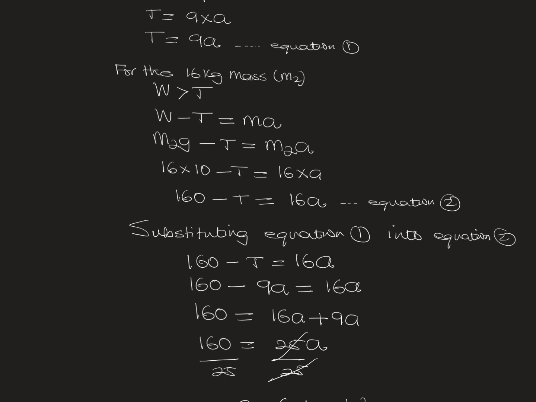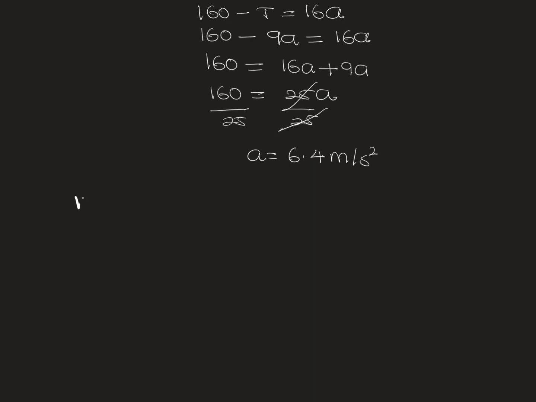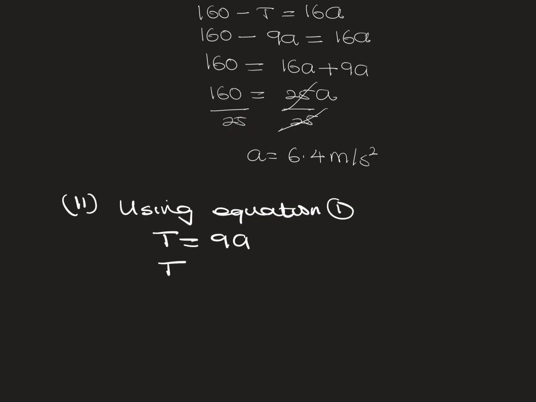Moving on, we can answer the second question, which asks us to find the tension. Using equation 1, which is tension is equal to 9A, tension is going to be 9 multiplied by A, which is 6.4.